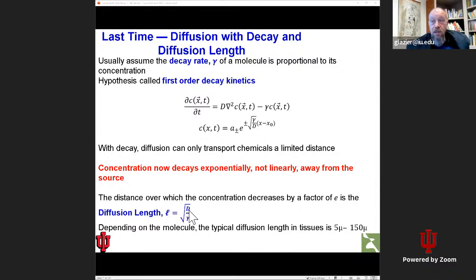Here, the diffusion length goes like the square root of the diffusion constant. So if I want my molecule to go twice as far, I have to make the diffusion constant 4 times as big. If I want my molecule to go 10 times as far, my diffusion constant has to be 100 times as big.